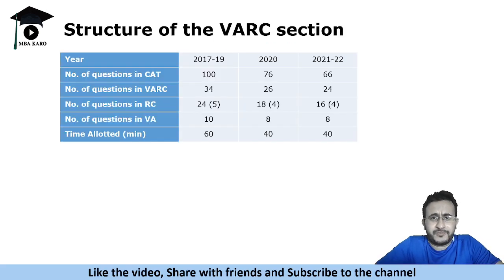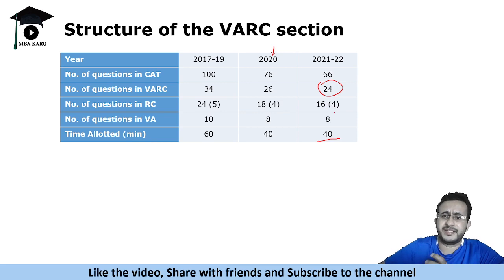Now if you look at the structure of the section, for the past 6 years, till 2019 there was a different pattern. In 2020 they reduced the number of questions, and in 2021 and 22 they further reduced. Now the section consists of 40 questions, in which you have 40 minutes, in which you have 24 questions to answer. 16 of the questions are asked from reading passages, and these are all passages of 4 questions each.